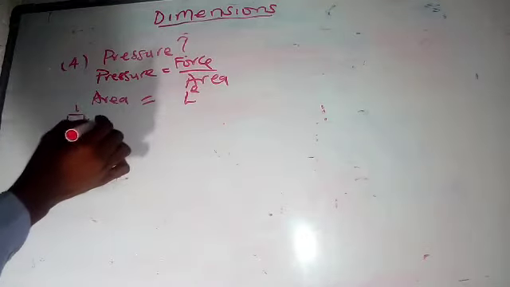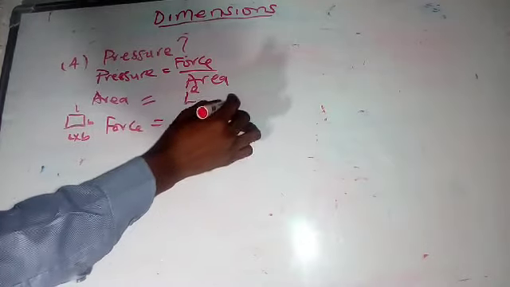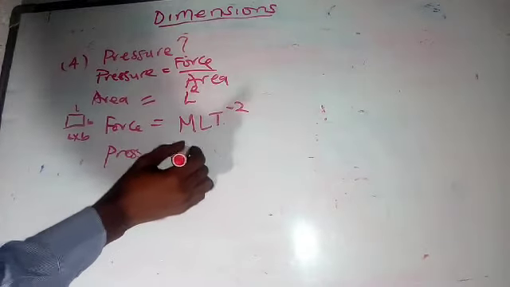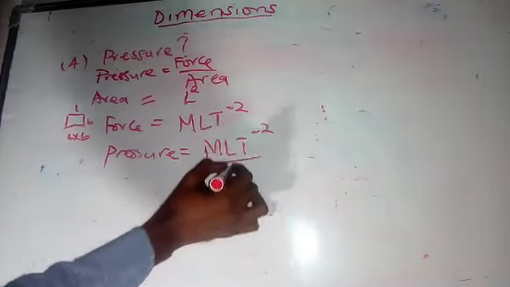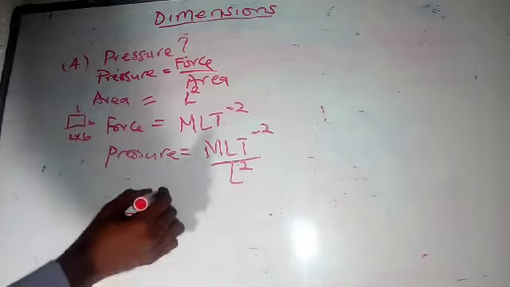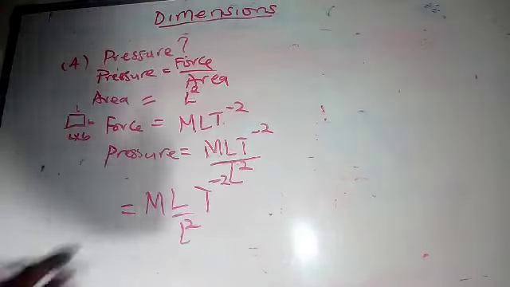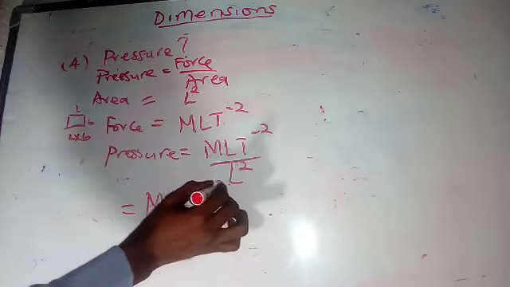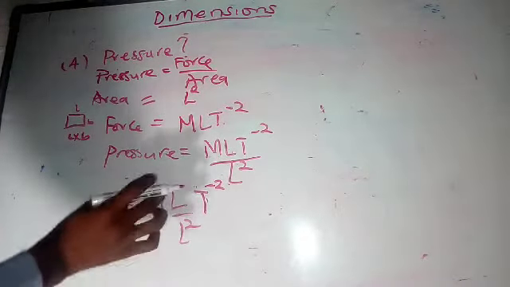Our dimension for force was given to be what? MLT^-2. So pressure, which equals the force over area, will be MLT^-2 all over L squared. So this is actually what you are dividing here, M L over L squared T^-2. I know for the guys in O level, this can be a little bit challenging to do.